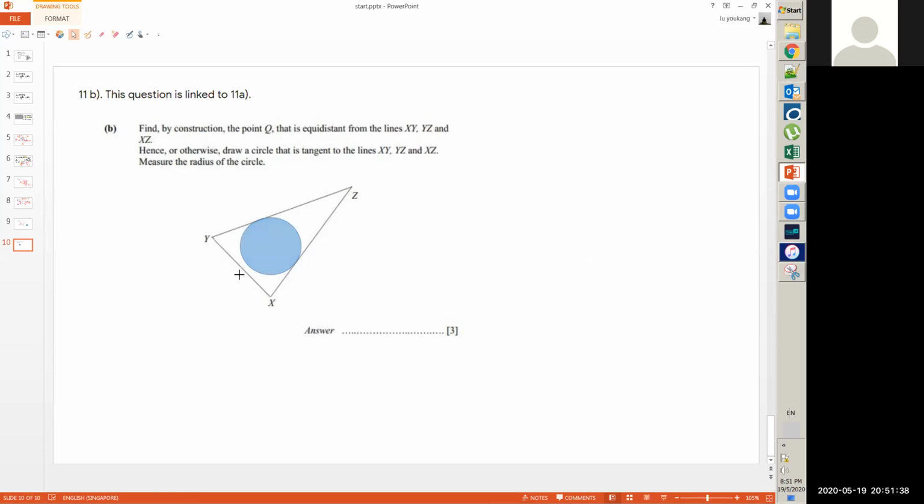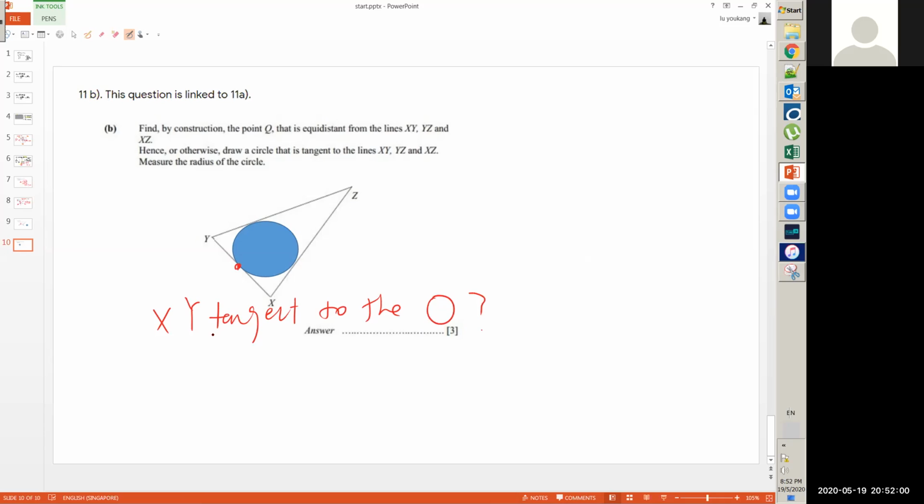it is tangent. Hold on, assume first. Okay, so is your XY tangent to the circle here?